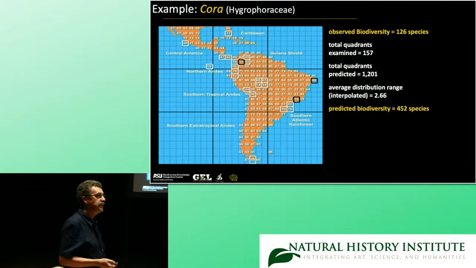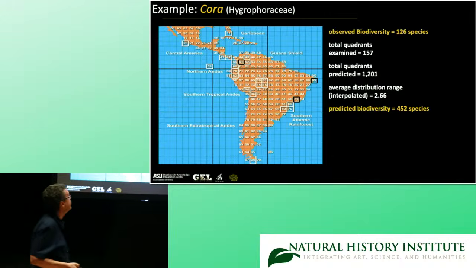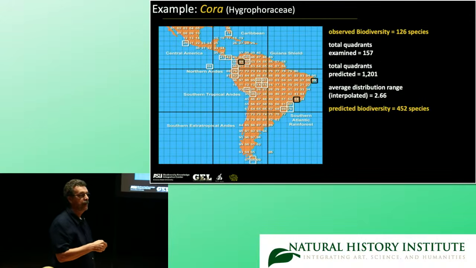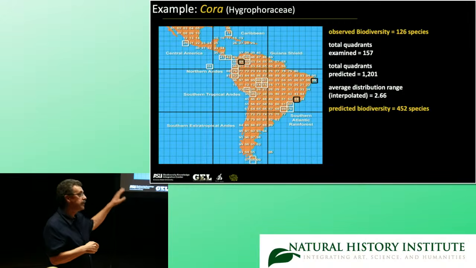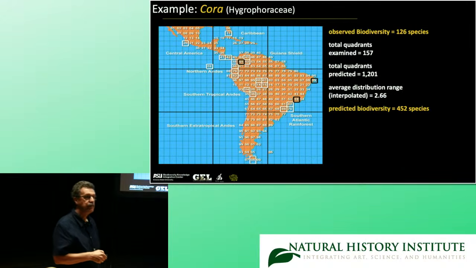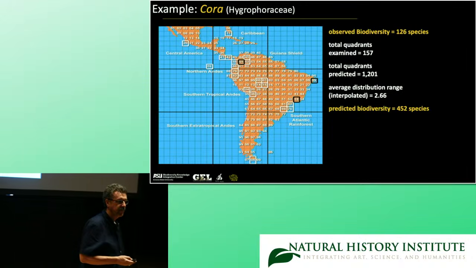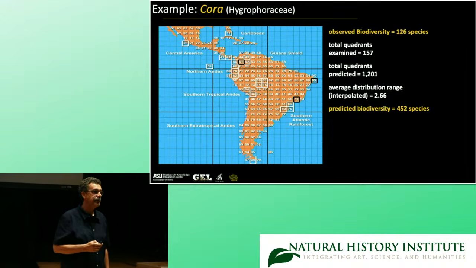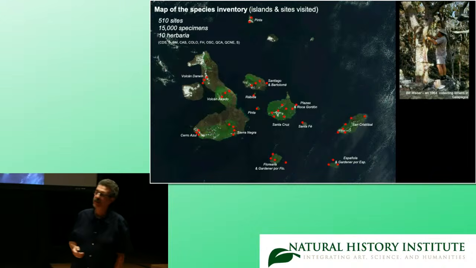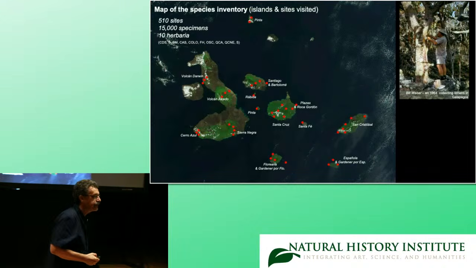And from that, she extrapolated how many species there might actually be. So she was able, with her tools, to distinguish 126 species, and with that mathematics, to predict a biodiversity across the South American continent of 452 species, for what was previously believed to be a single species. And that gives you some idea of what kind of diversity is out there to be discovered.